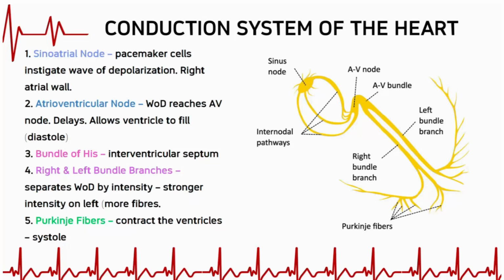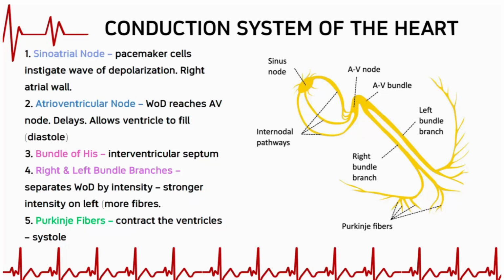This wave of depolarization is then passed down the bundle of His, through the interventricular septum, which separates the right and left ventricles. The bundle of His will then pass it down to the right and left bundle branches, and this separates the waves of depolarization by intensity.